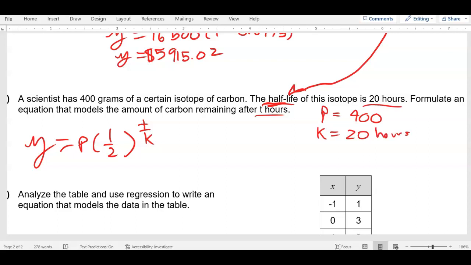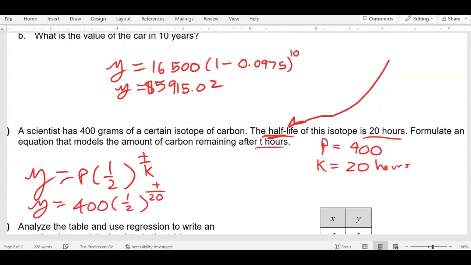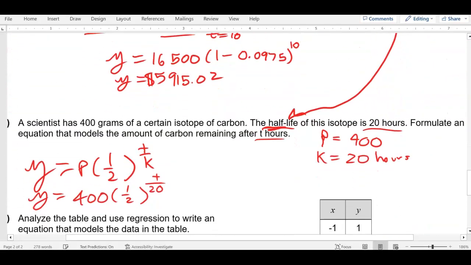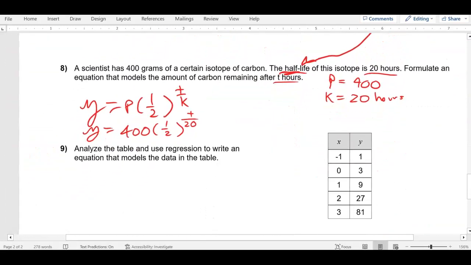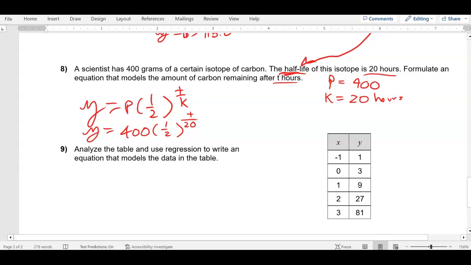So our equation is going to be y equals 400 times 1/2 to the t over 20. Now we just need to figure out the amount of time. If it gave us an amount of time to figure out, then we can plug it into t. But for now, that's it.